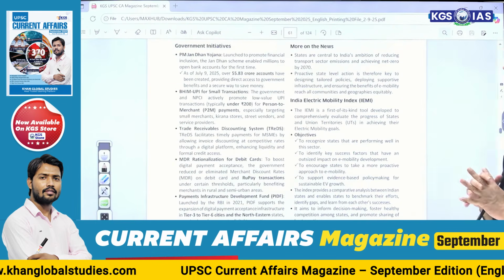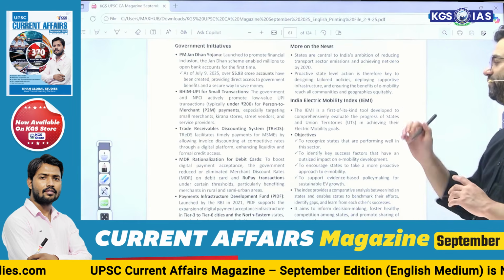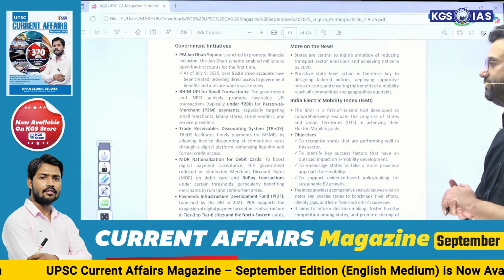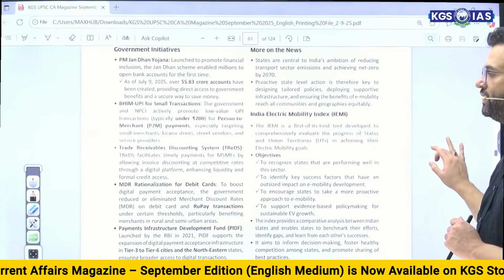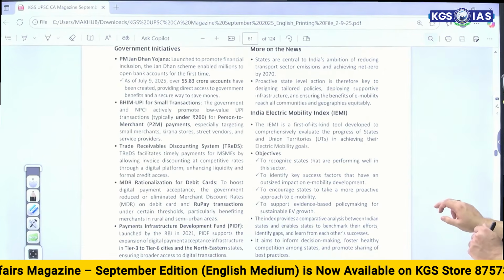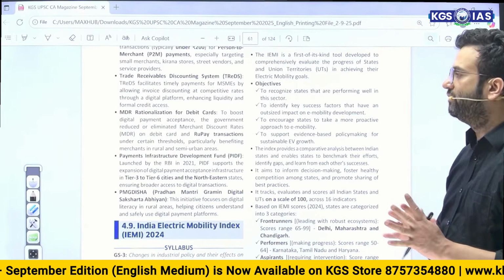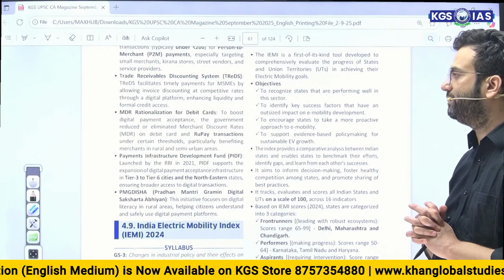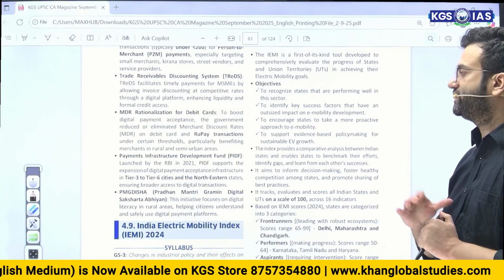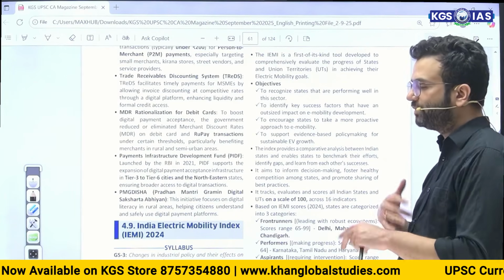Then Bheem UPI for small transactions, TReDS system, which facilitates timely payment for MSMEs by invoice discounting at competitive rates. Then MDR rationalization for debit cards, that is merchant discount rate on debit cards. The government reduced and eliminated this MDR on debit cards. Then Payment Infrastructure Development Fund and Pradhan Mantri Gramin Digital Saksharta Abhiyan to promote literacy.